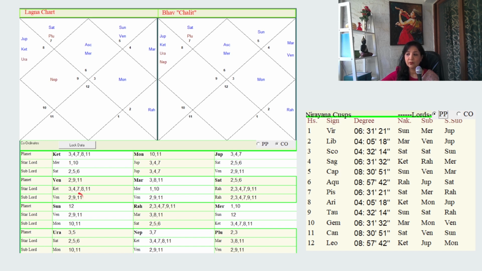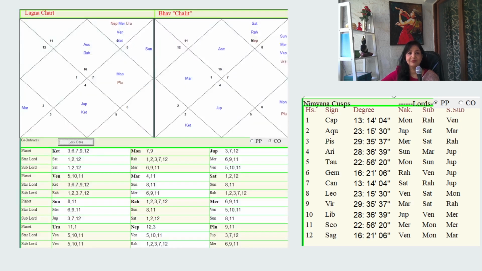This is favorable. 4-8 is getting involved, but the sublord is favorable. This you have to check. Here we are talking about citizenship. So PR they got in 2015, but due to 8th house involvement, things got delayed. But eventually things were favorable, and this is checked through the sublord.